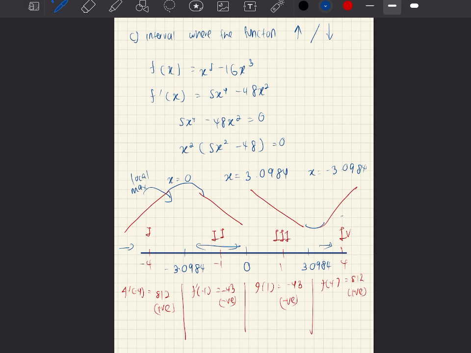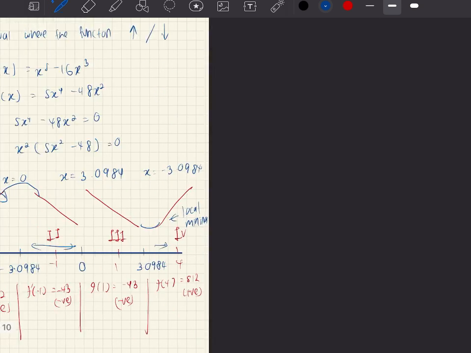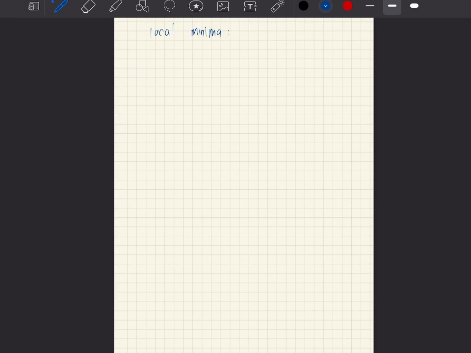And if like this, a local minimum. So the local minima is at 3.0984. The local maxima is at negative 3.0984. If you want to find the y values, we just plug into the first equation.